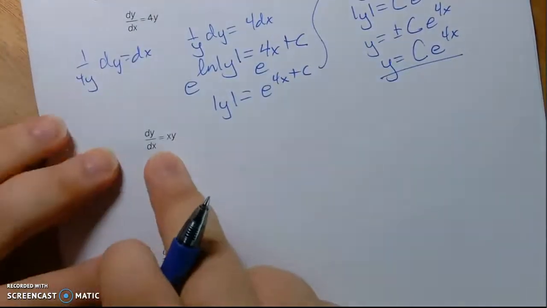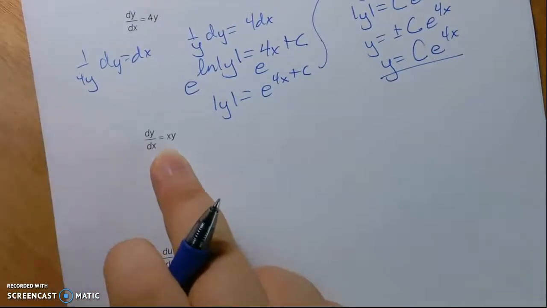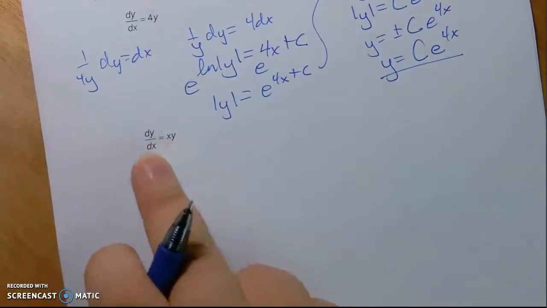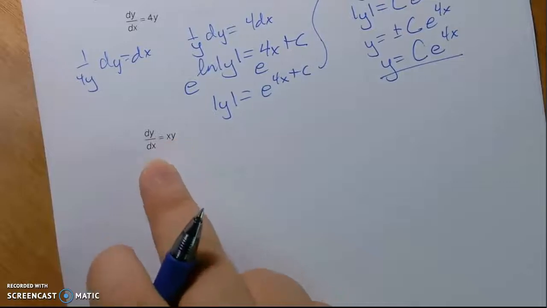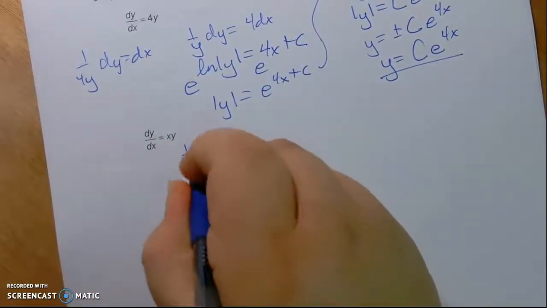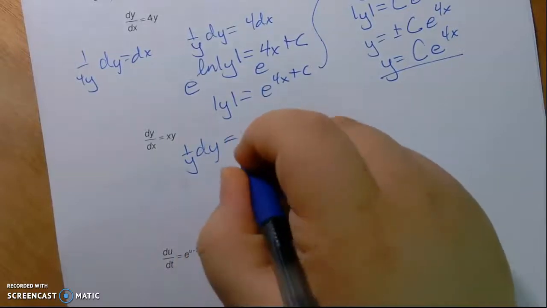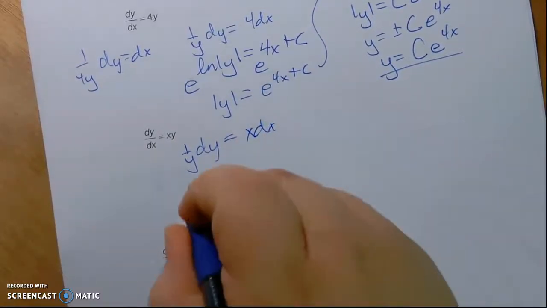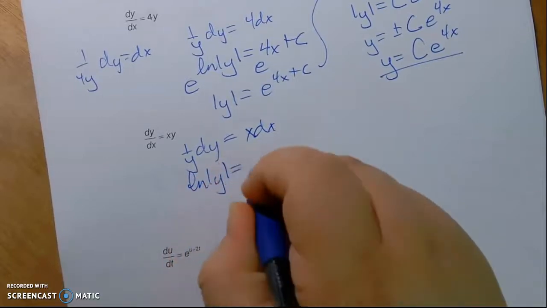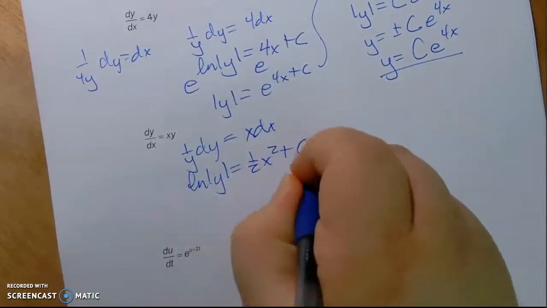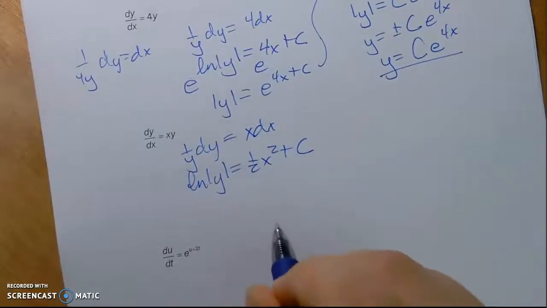So let's look here. All right, we got xy. So we're going to leave x there, bring the dx over, and divide by y. So we get 1/y dy equals x dx. So again, we're going to have a natural log on the left side, and x dx. So natural log of y equals 1/2 x squared plus c. Very similar to what we just did up there.